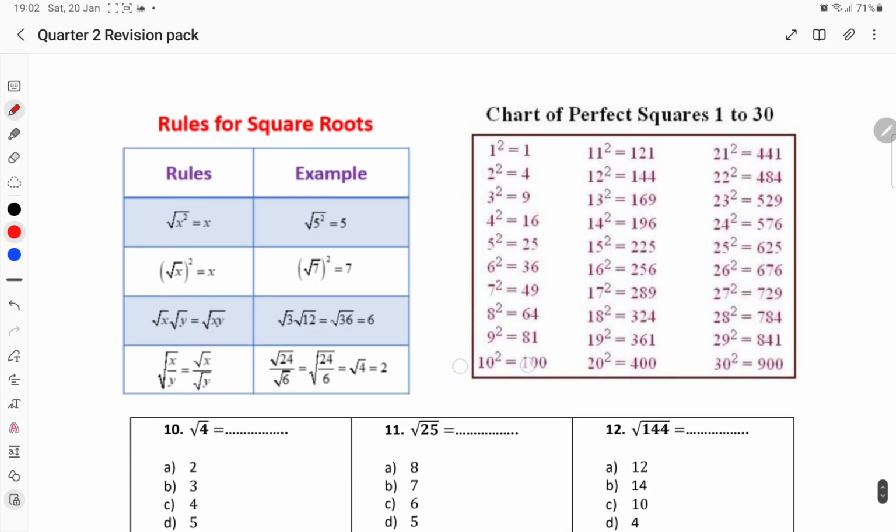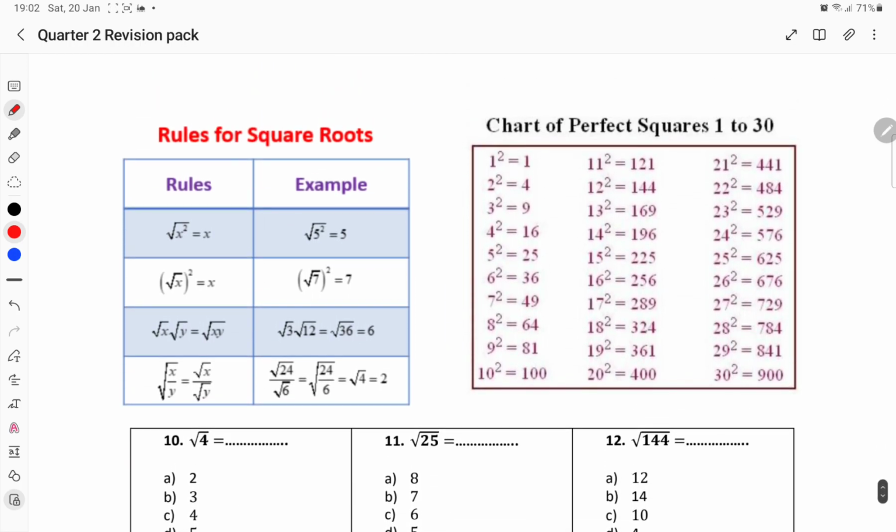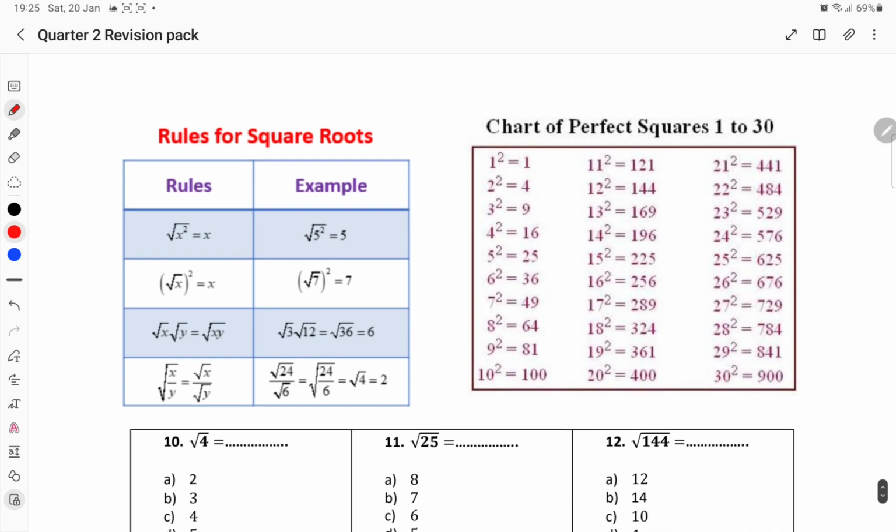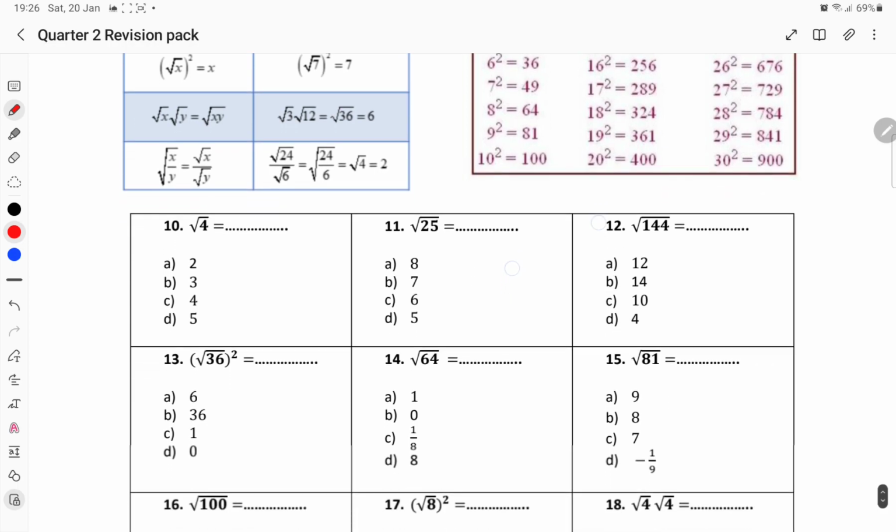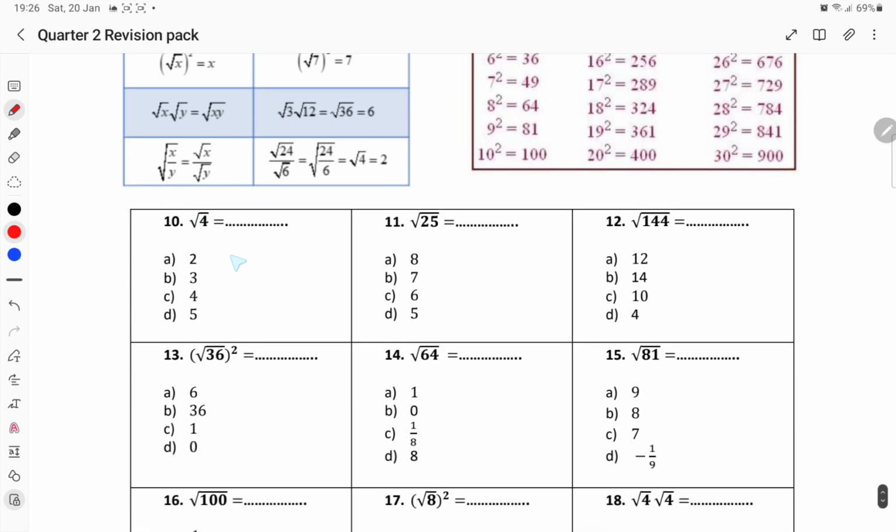Very good. Rules for square roots. This is the chart of perfect squares from 1 to 30. 1 power 2 is 1, 2 power 2 is 4, 3 power 2 is 9, and so on until 30 power 2. So square root 4, what is the number? A number by itself gives 4.